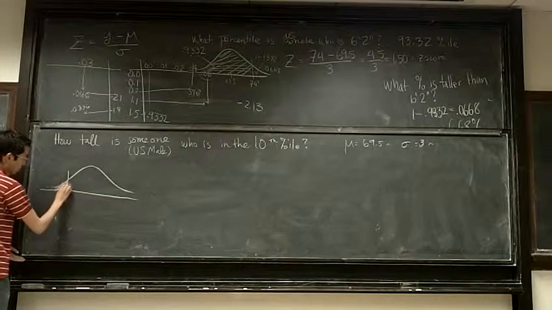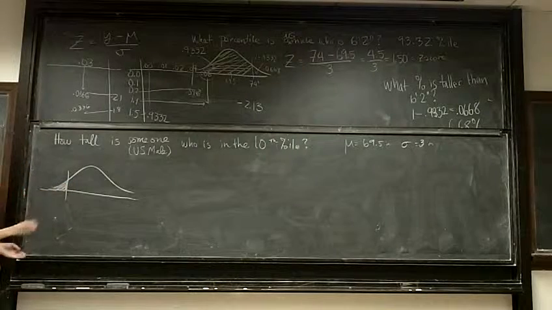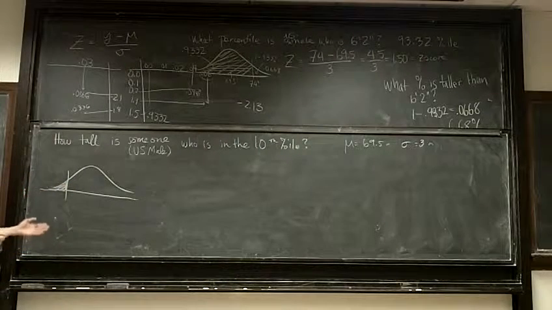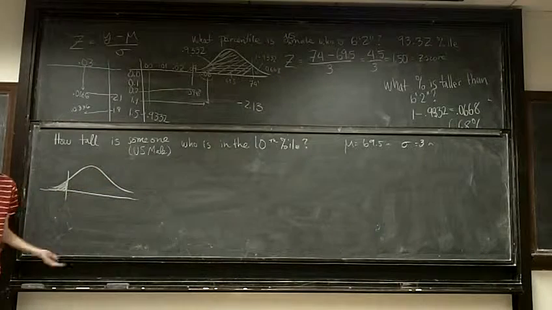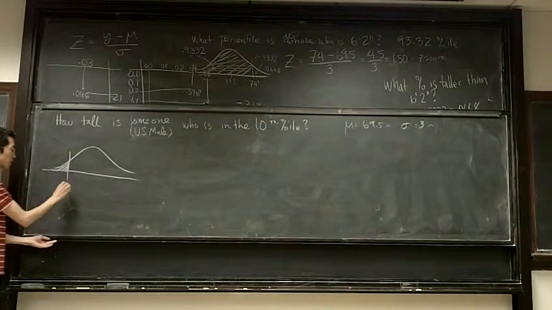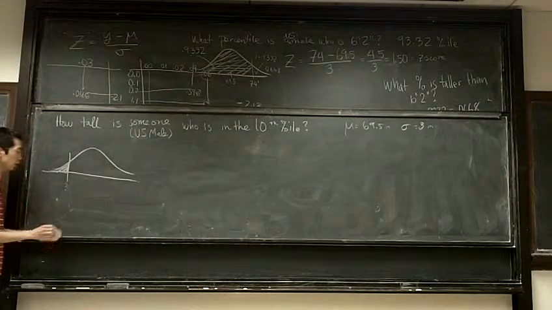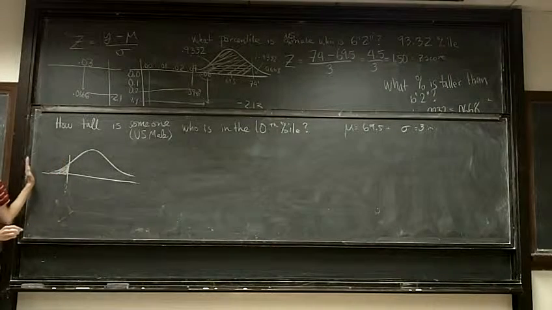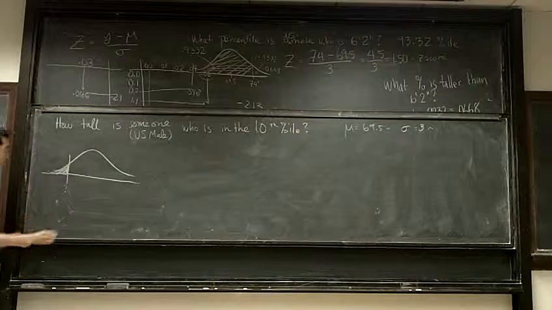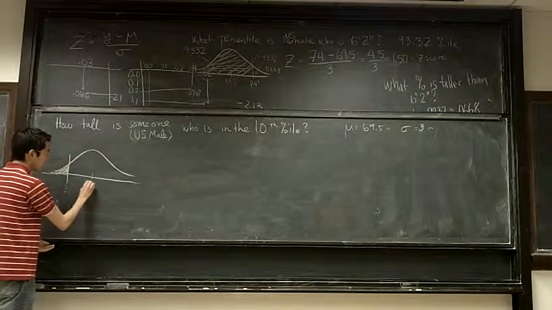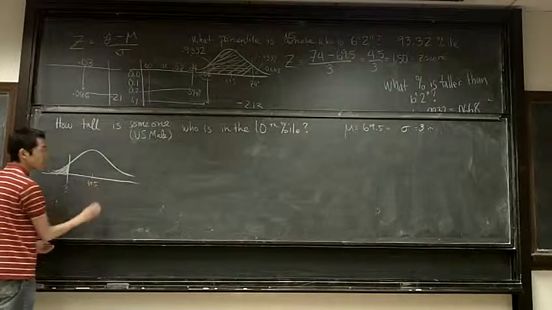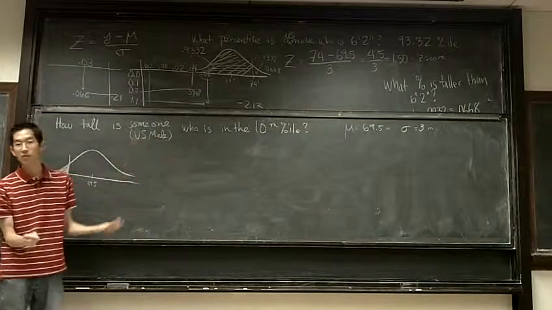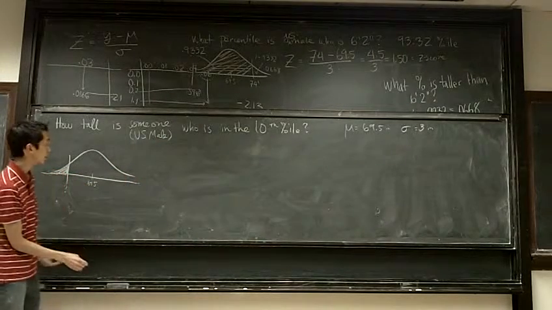This person is taller than 10% of the population, or in other words, shorter than 90% of the population, and we want to know how tall they are. What is the height that corresponds to being taller than 10% of the population? And we still know the center is at 69.5 and that the standard deviation is 3 inches.